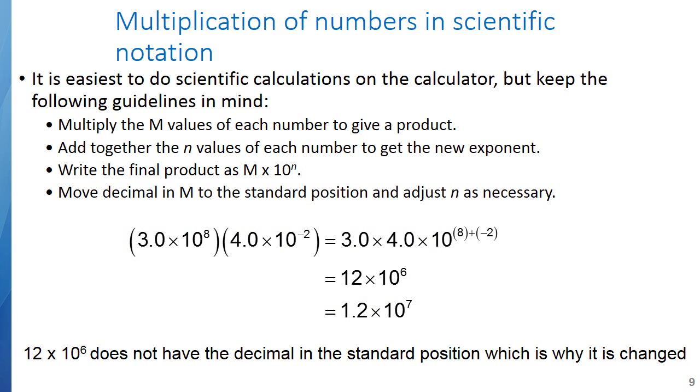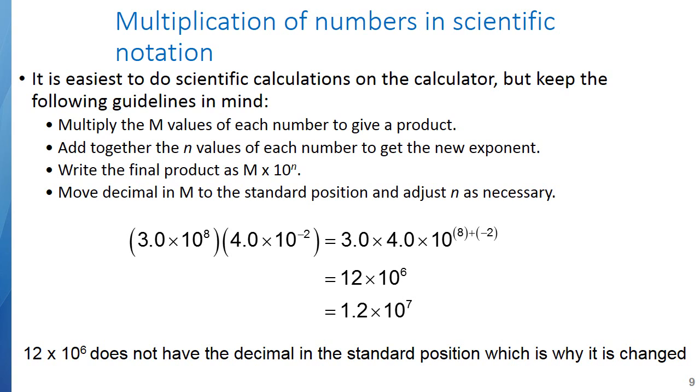So if you're doing multiplications of numbers in scientific notation, it's easy to do it on the calculator if you use the scientific notation function. Here I've gone through what multiplication of numbers in scientific notation looks like if you were doing it by hand.